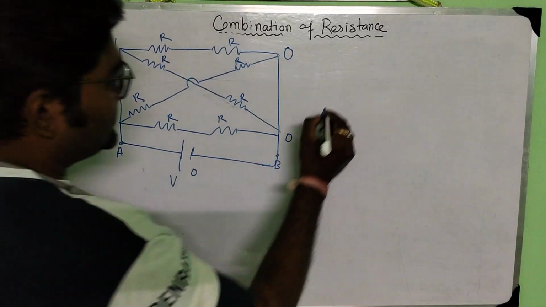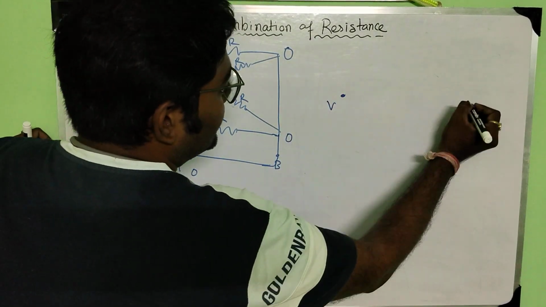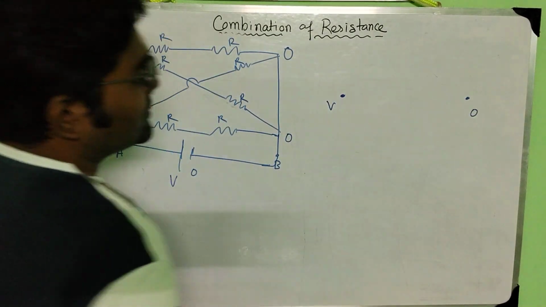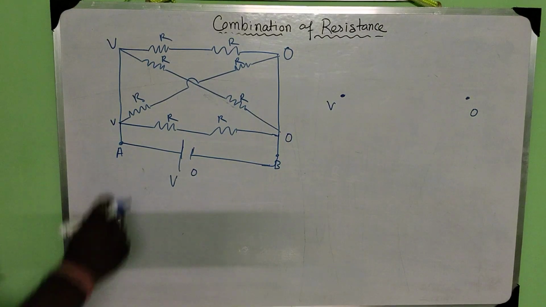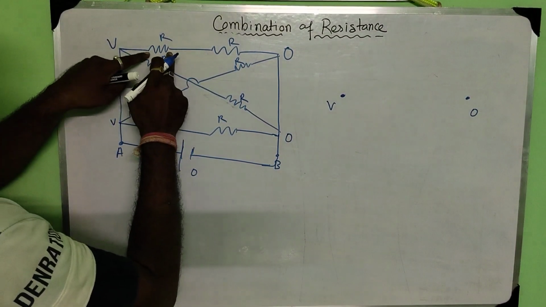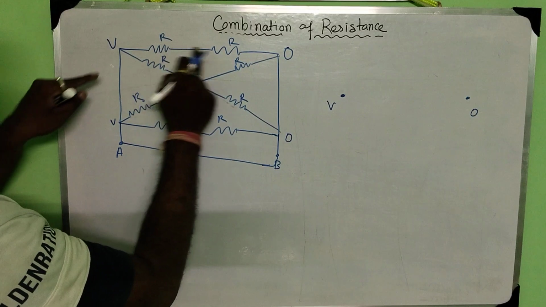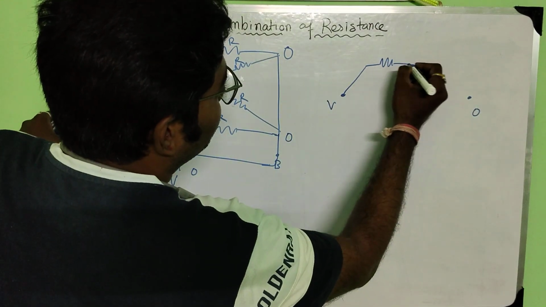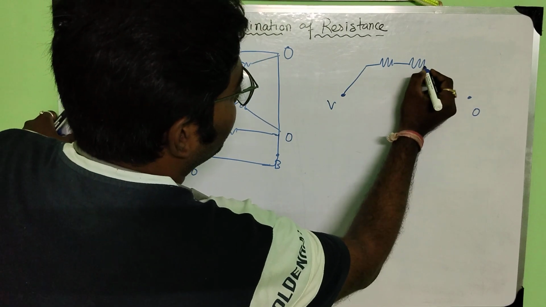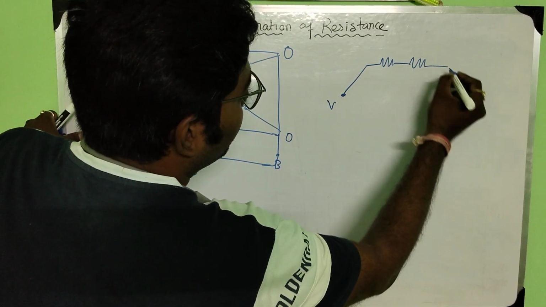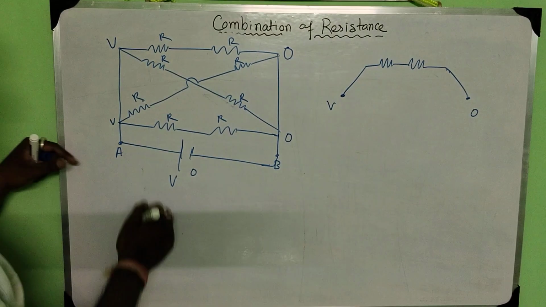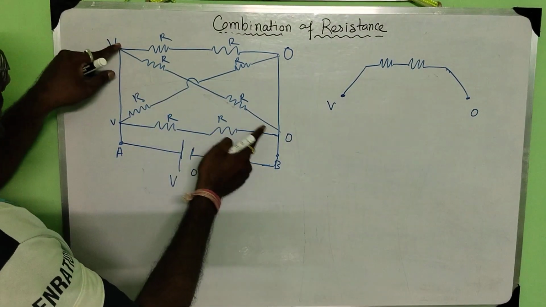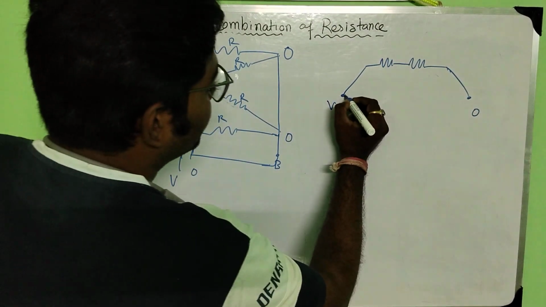Now this is V, this is 0. So now see, these two resistors are connected between V and 0. These two resistors are also connected between V and 0. These two resistors also, between V and 0.